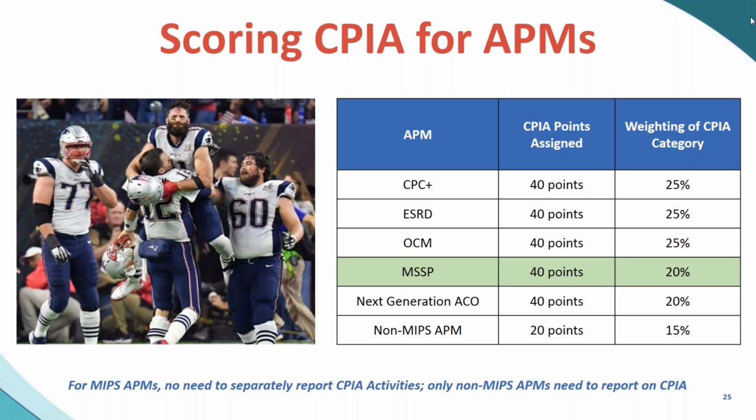So if you report on one CPIA activity this year, which is all you're required to do, next year you're going to want to build on that and show increased functionality or new program or whatever. And the same thing is true with the technology meaningful use area, that although there are not thresholds in 2017, the regs did talk about moving back to thresholds in the next couple of years. Whether that comes to be, I don't know.